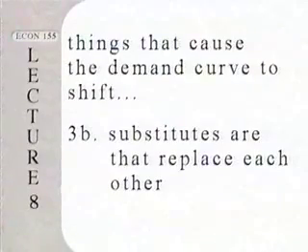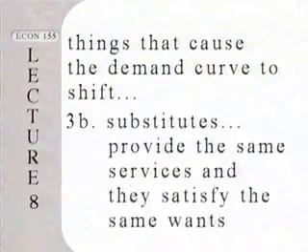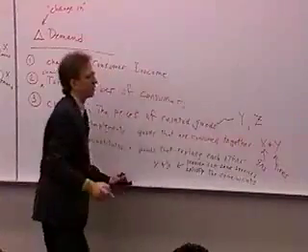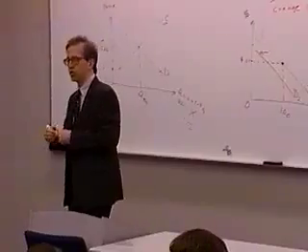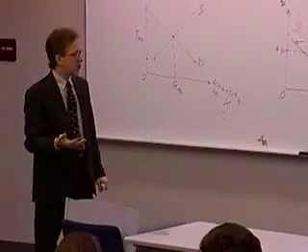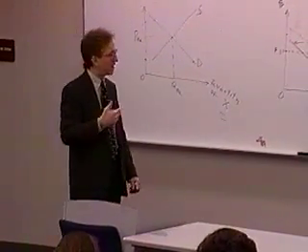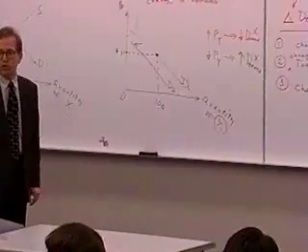And let's also say it this way, they provide the same services and they satisfy the same wants. And I'm just stating this in different ways so that there's no confusion about what I'm talking about. Substitute goods satisfy the same wants, provide the same services. They're replacements for each other.